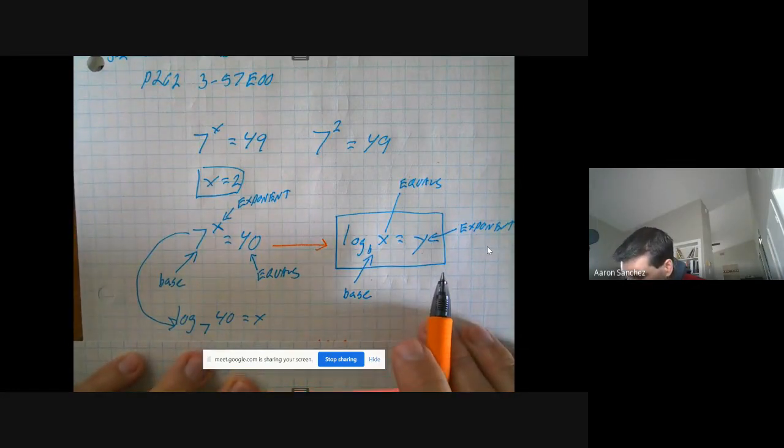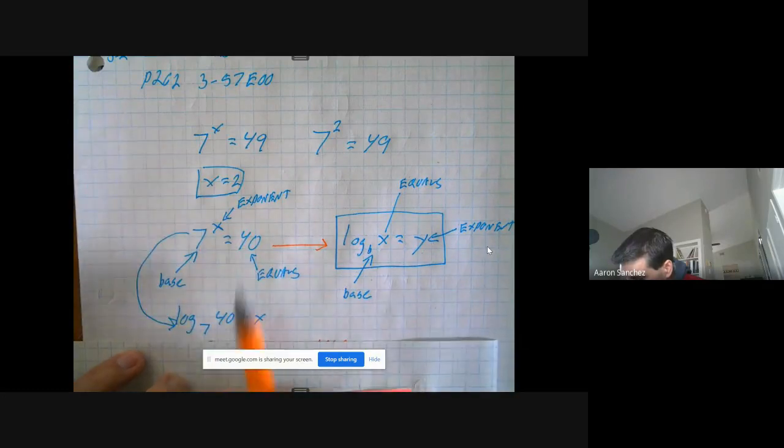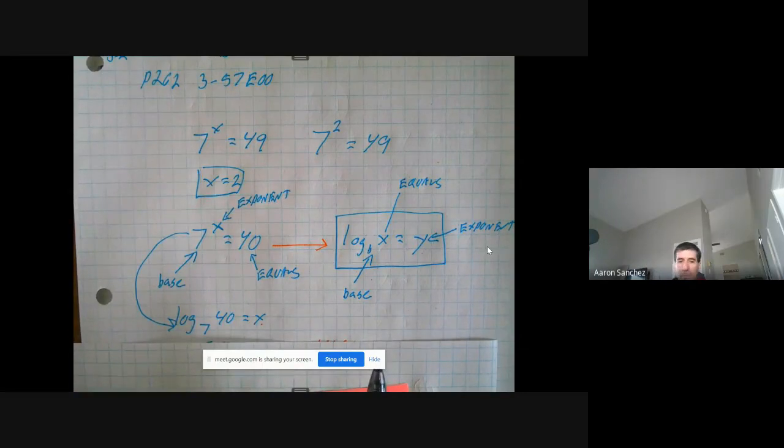So, to write this in log form, I want you to write this down. Log, low 7 is the base. You put the 40 here, and then the exponent right there. And that's how you write that in log form.